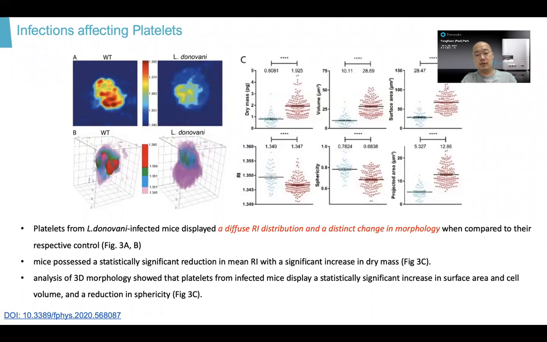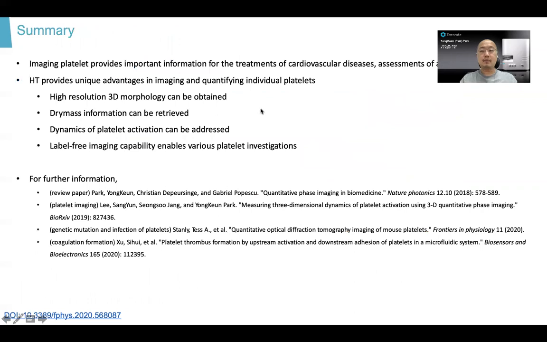It displays the same diffuse refractive index distribution, and it becomes very thin, and it also becomes very different in terms of the three-dimensional shape compared to wild type platelets. And the related physical parameters can also undergo significant changes compared to the wild type condition.